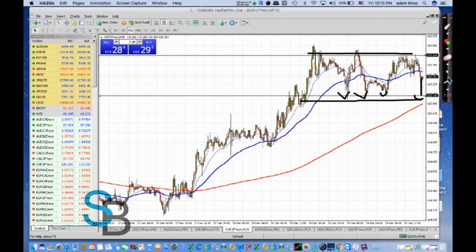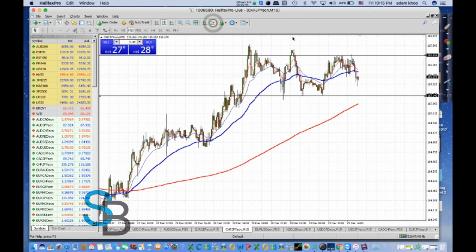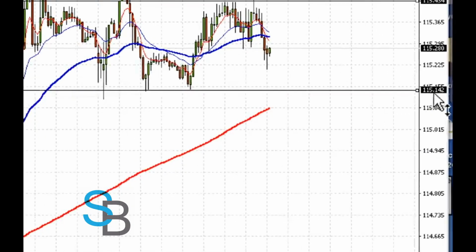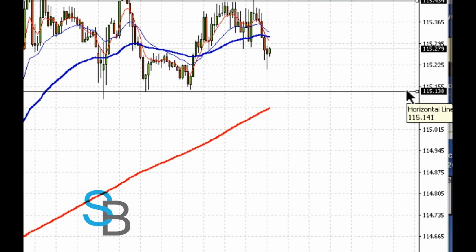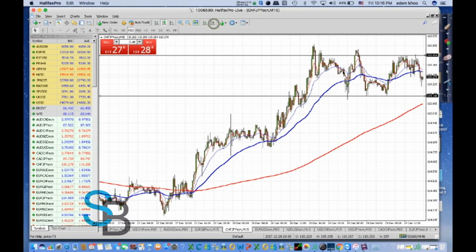Now, let's take a look at where I'll place my buy order. So I'll probably place my buy order somewhere here, right at the support level at 115.14, thereabouts, okay? So where would I put my stop loss? Now I'll put my stop loss at least 8 pips below my entry price, right?